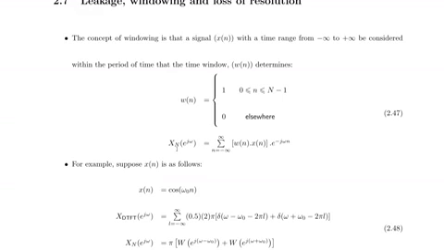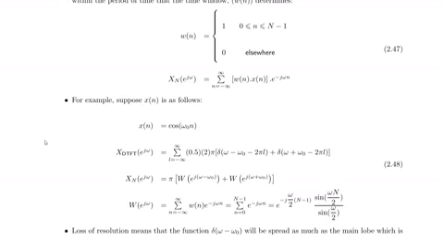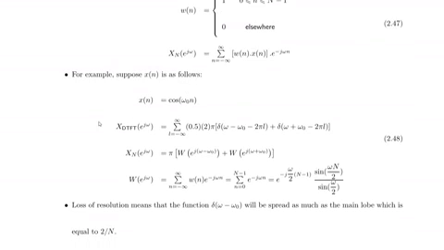We will have X_N of e to the power of j omega, or X_N of omega, will be equal to sigma n from minus up to plus infinity W of n times x of n, both multiplied by e to the power of minus j omega n. For example, suppose x of n is as follows, a cosine.